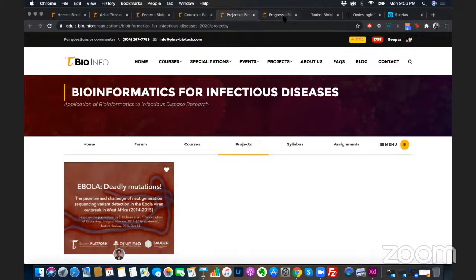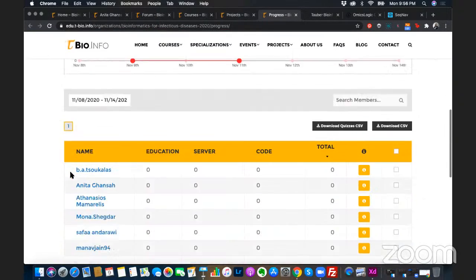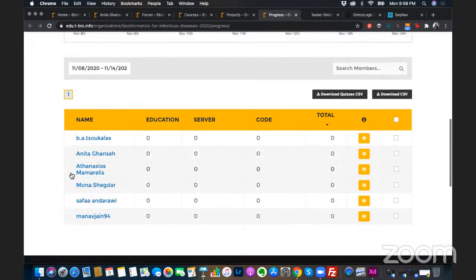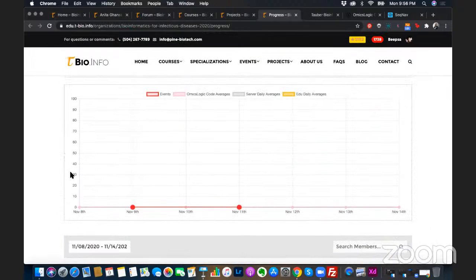And for all participants, we will be able to see everybody's progress right here on the tab. So today, as everyone is joining, we do not have a lot of data from everyone because we are just starting the session today. But as we move forward, we will be seeing several different graphs of these colors where we will be able to track your progress across all of our platforms.